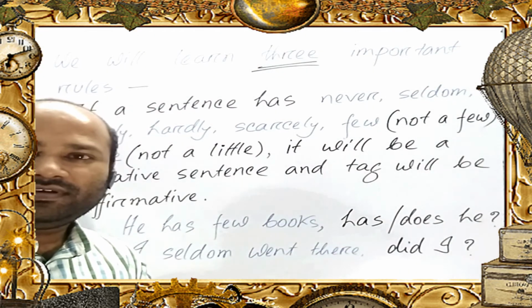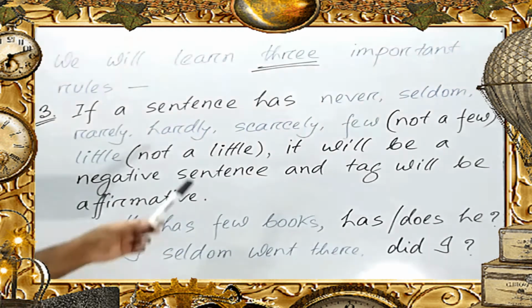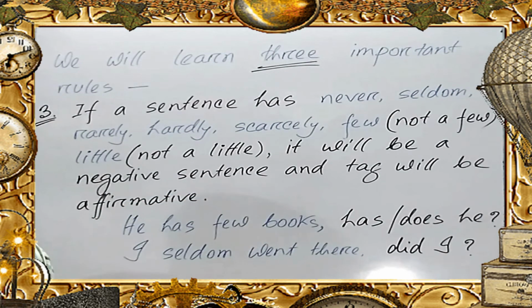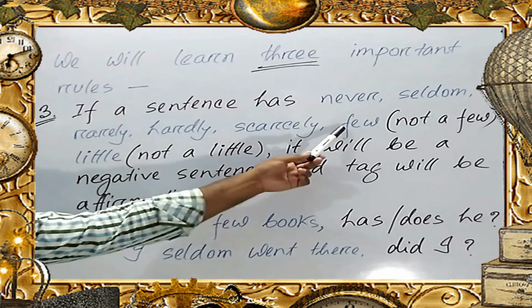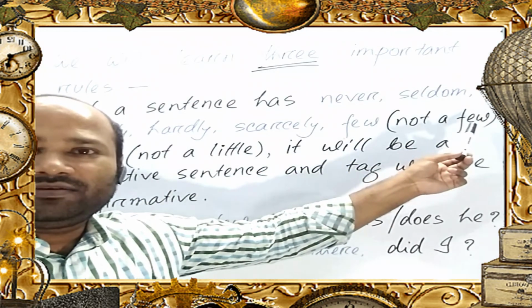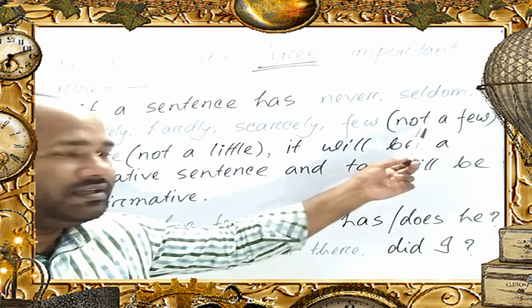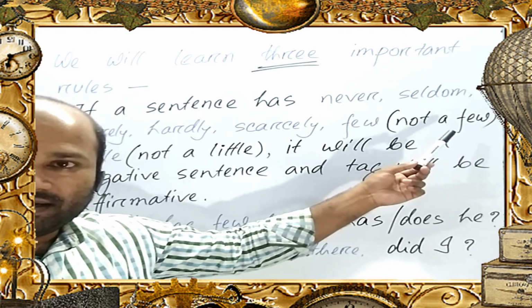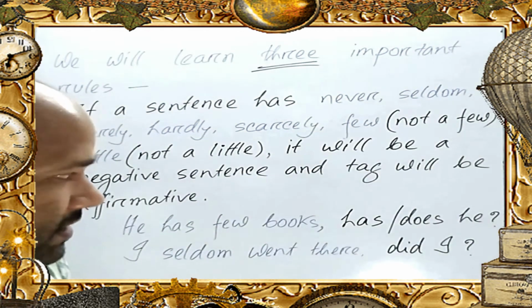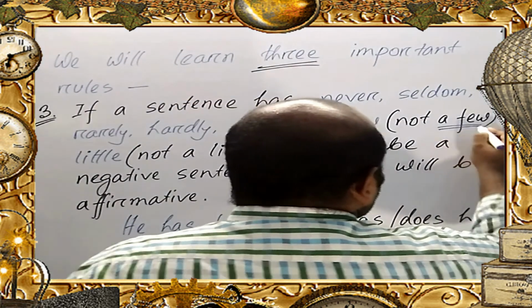Now there will be a question in your mind: what is few or not a little or not a few? Few is a negative word, but a few is not a negative word. You have to realize it clearly. It is an affirmative word.